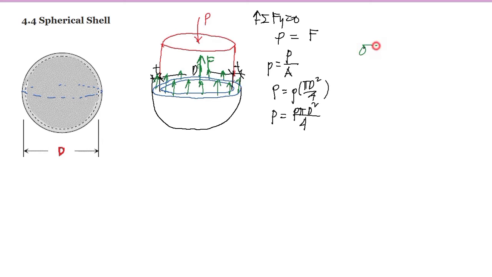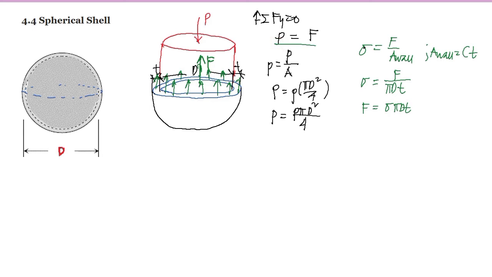So we have the stress is equal to the force over the area of the wall. So we have stress is equal to force, and the area of the wall is equal to circumference multiplied by the thickness. So circumference is pi diameter multiplied by the thickness. So we have here F is equal to stress pi dt.